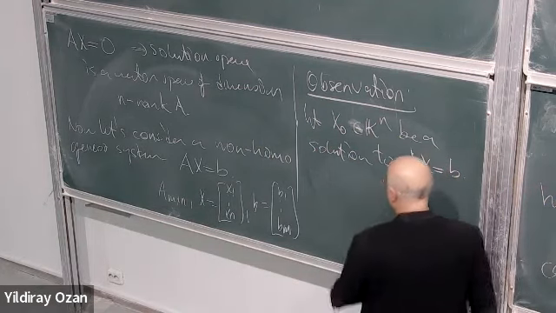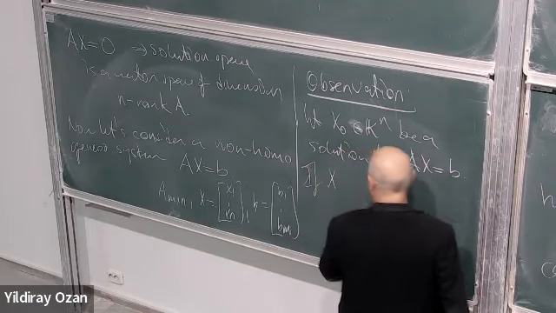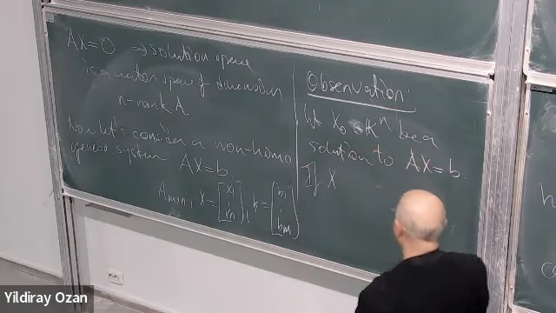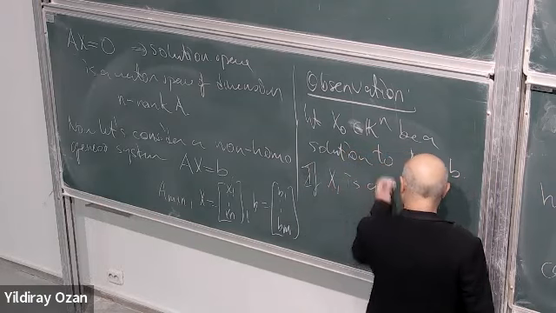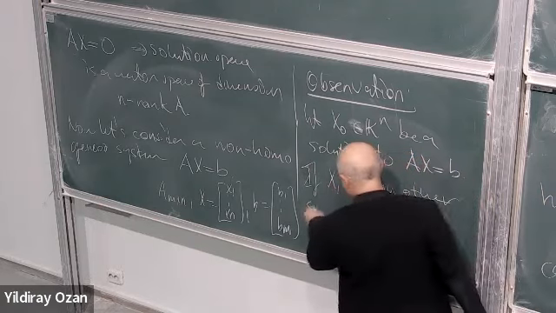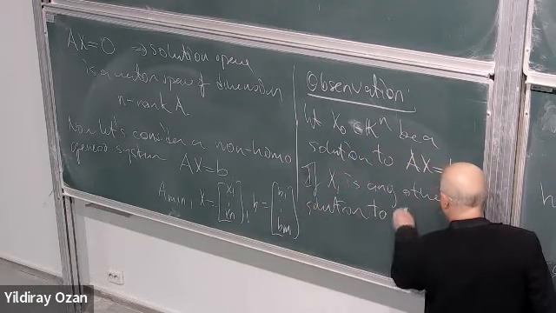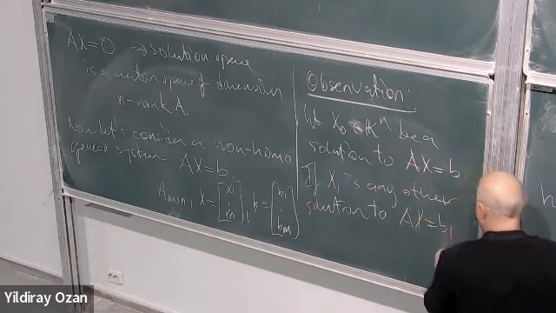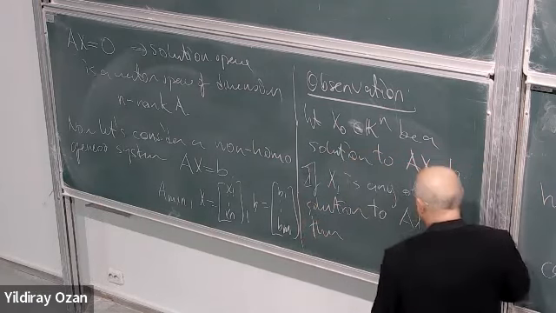Now, if x1, let's say, is any other solution to Ax equals B, then we have what?